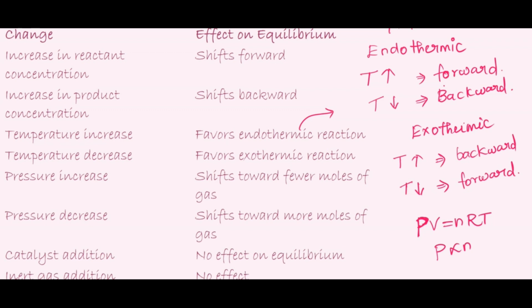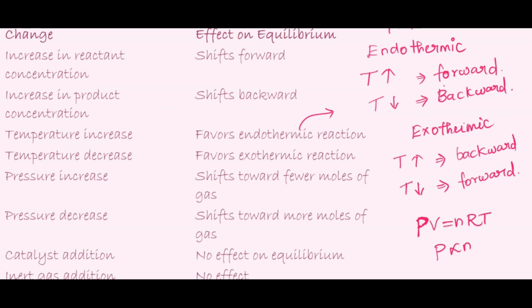The volume will get decreased so that the particles will feel more pressure and then they can't breathe also. Right? For example, imagine it like this. So I'm applying more pressure means they can't breathe. So what they'll do? They'll balance it in the way to shift towards the fewer number of moles.